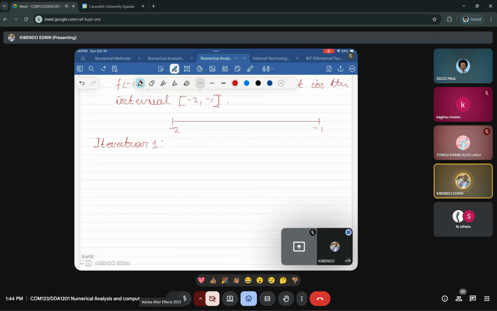So for the iteration we are finding c, which is equal to negative... Then we find the f. Negative 1.40.